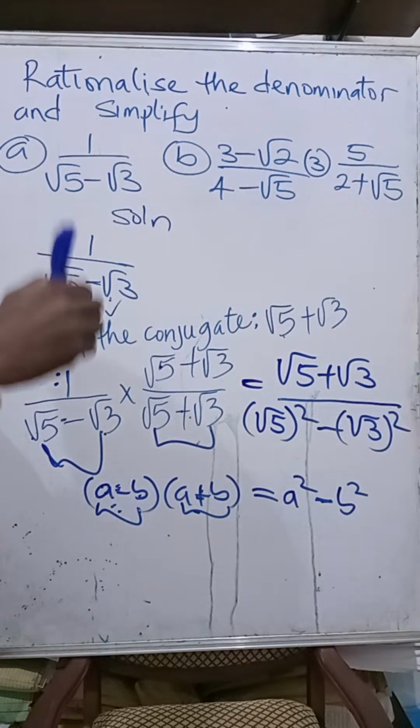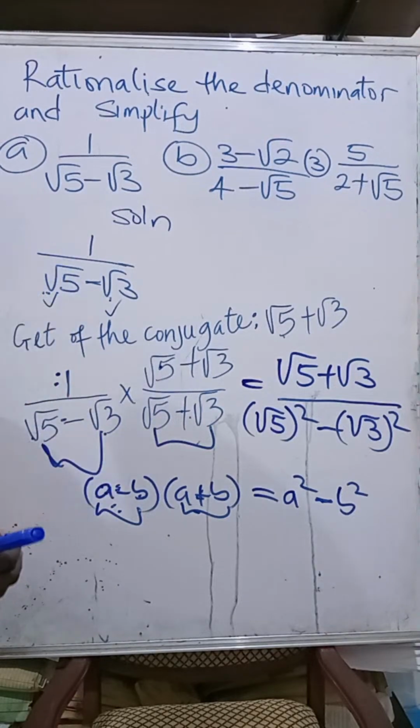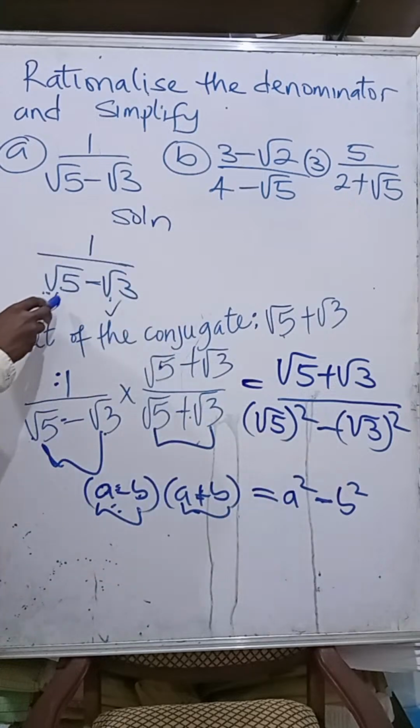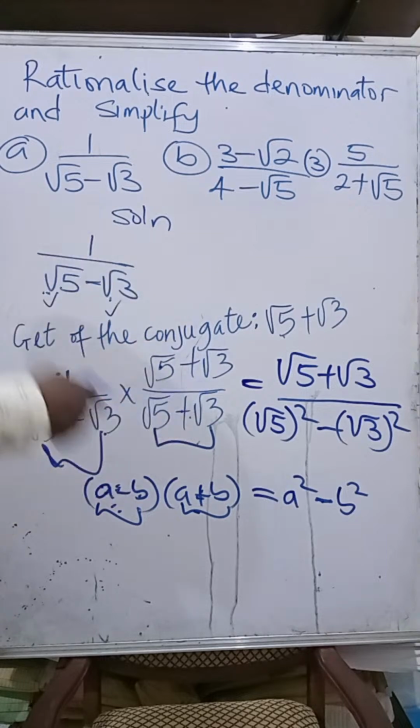I've already told us the reason behind rationalizing the denominator. When you have an irrational number at the denominator, there are certain steps to be taken.